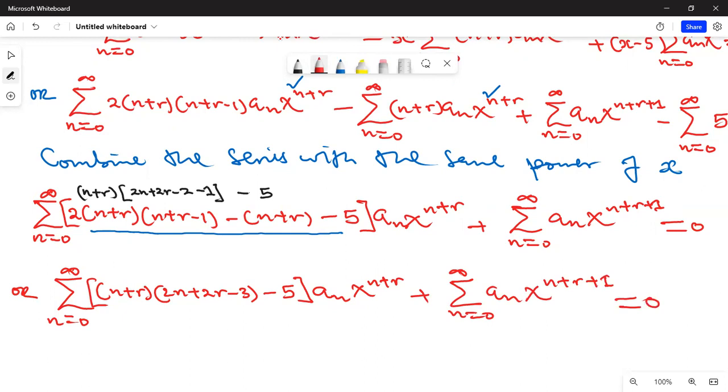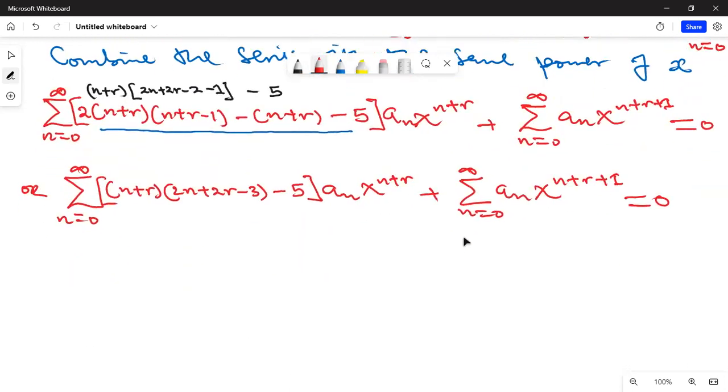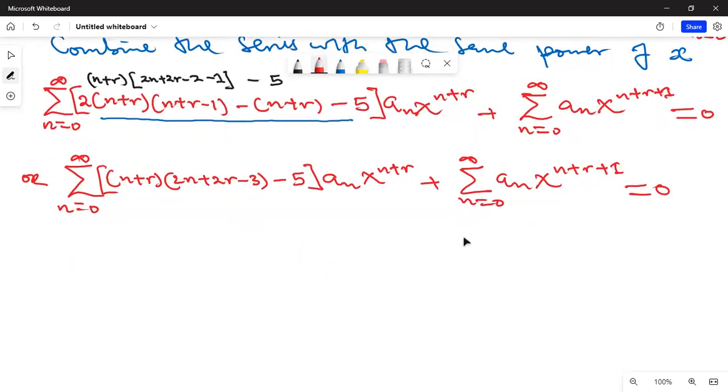So once you're there, we now need to shift the index. Why are we shifting the index? It is because those powers of x are not the same, and we cannot simplify what we have further. So we are only left with the option of shifting the index so that we can combine these two summations into one summation. I told you, you need to shift to the lower power of x.